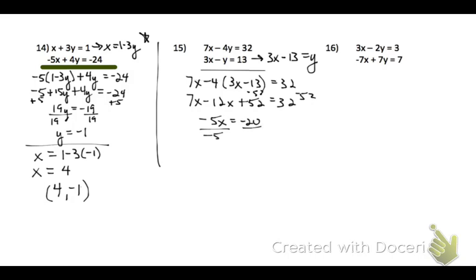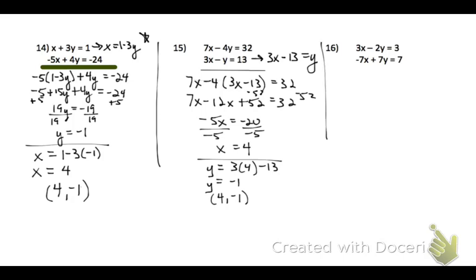Divide both sides by negative 4, so I also get positive 4 for x. Then I'm going to plug it in to my equation where I solved for y, so y will equal 3 times what x is, and then subtract 13. So I've got the point 4, negative 1.